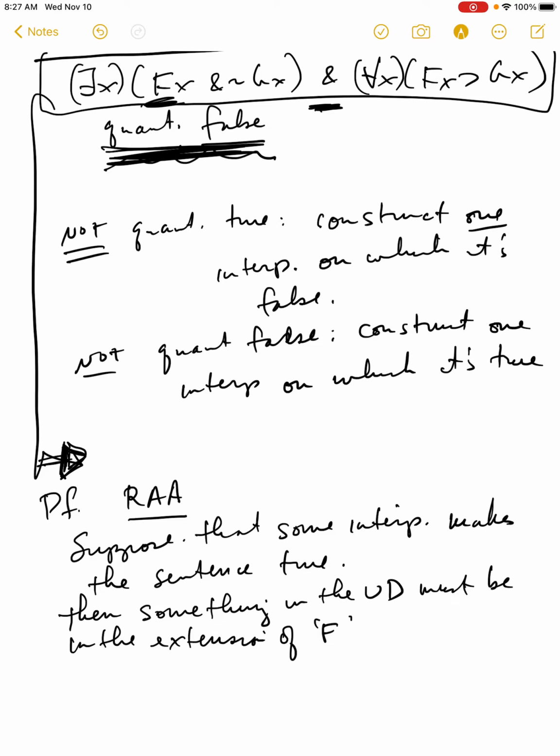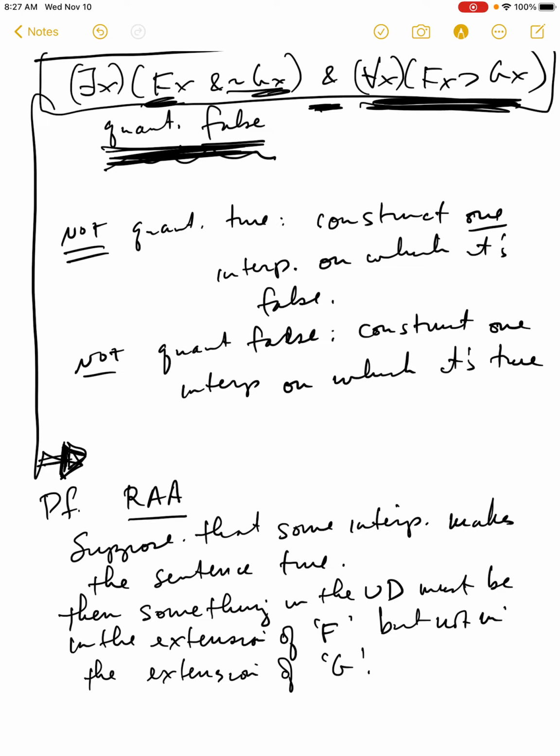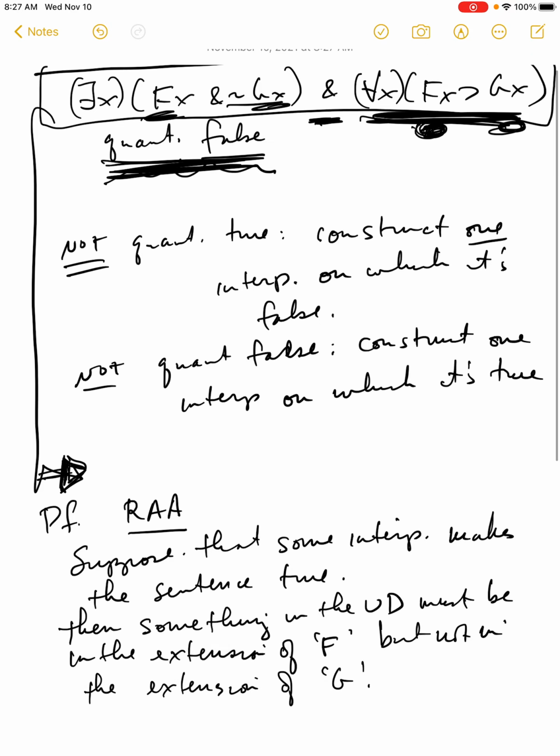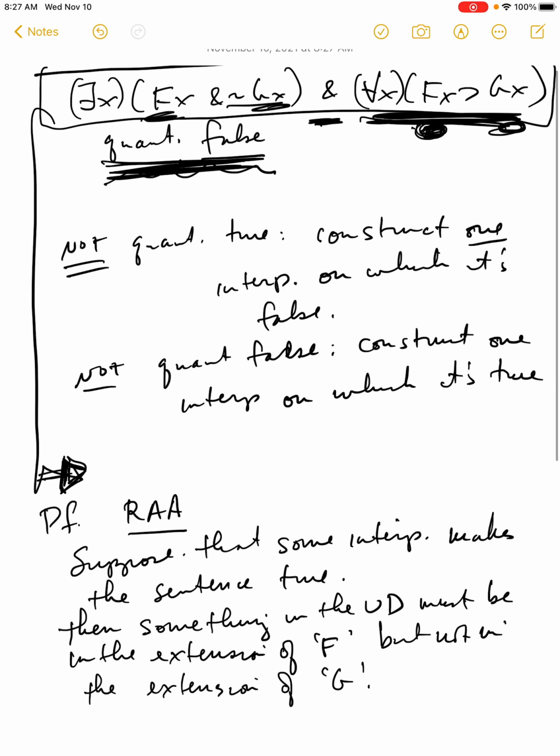There's something that's F, but it's not in the extension of G. And in order for an interpretation to make the second conjunct true, everything that's in the extension of F has to be in the extension of G. So you're seeing how we're going to reach a contradiction.